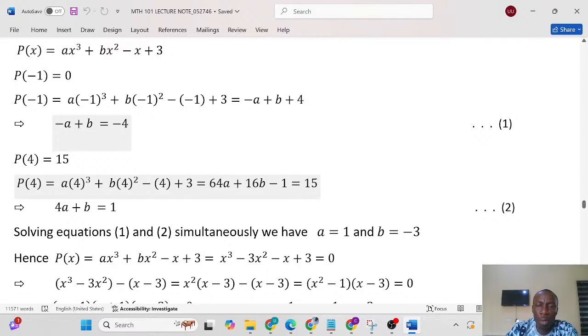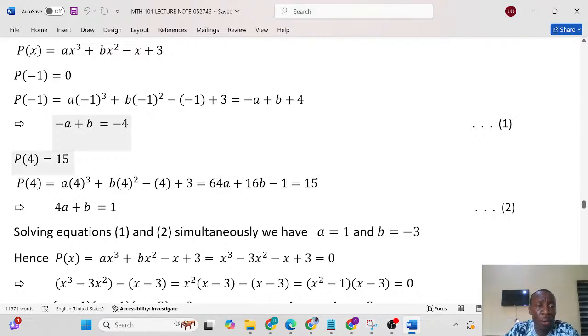Now, when you solve these two equations simultaneously, it will give us the value of a equals to 1 and the value of b to be equals to minus 2. Now, if you look at a, in equation 1 it is minus a, in equation 2 it is 4a. But if you look at b, in equation 1 it is just b with a coefficient of 1, and in equation 2, b has a coefficient of 1 also. So you can subtract the two equations.